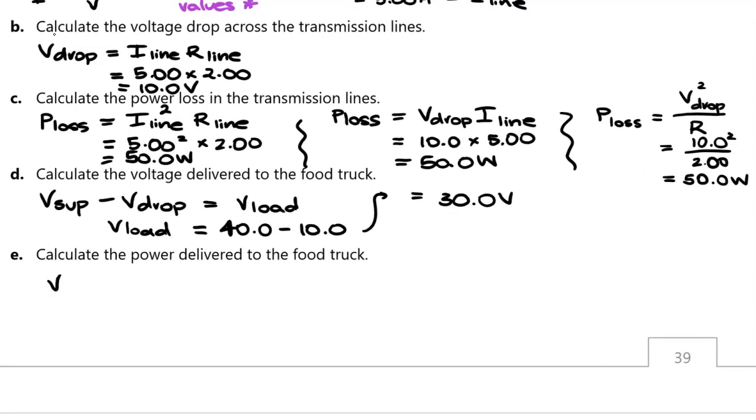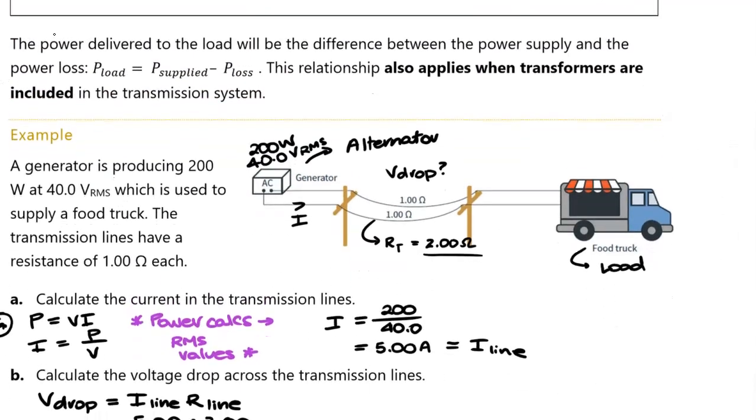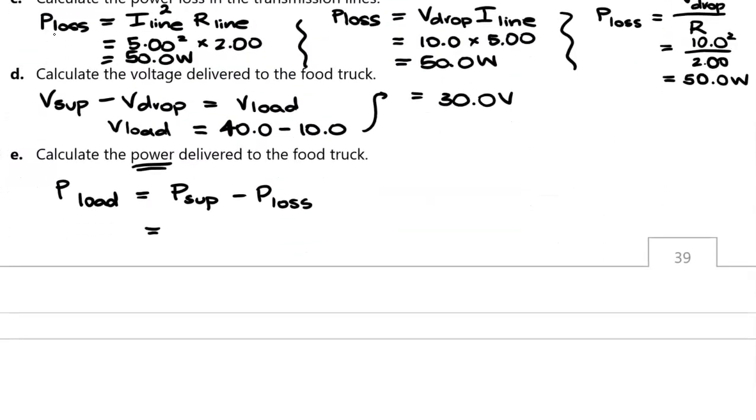Okay, now the power of the load equals the power that's supplied minus the power that is lost. I think we just said P loss. Okay, the supplied power was 200 watts.